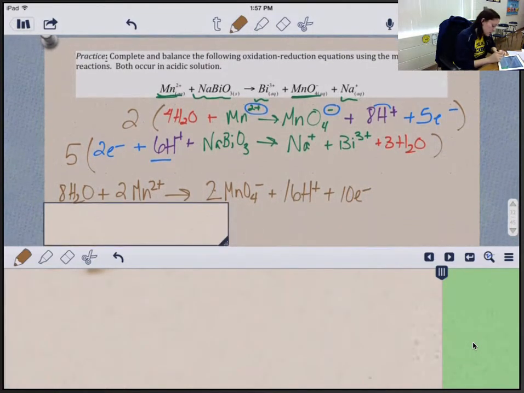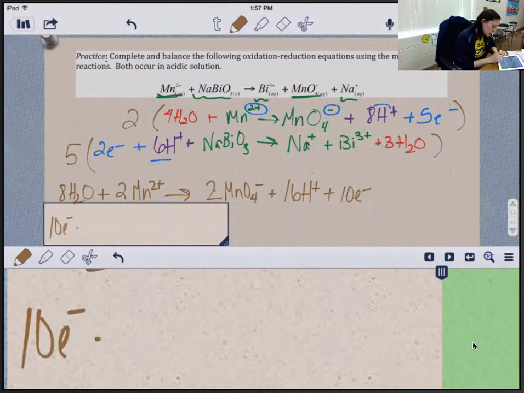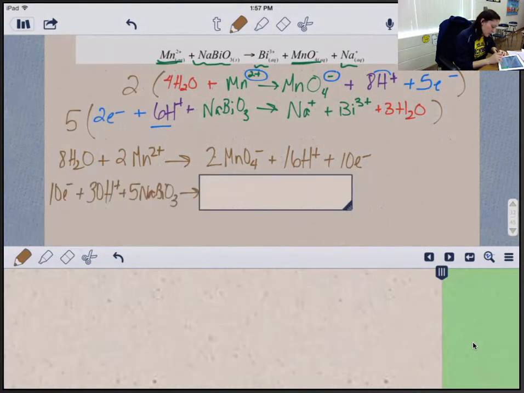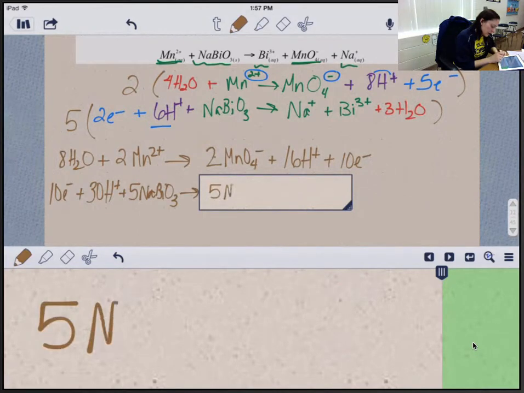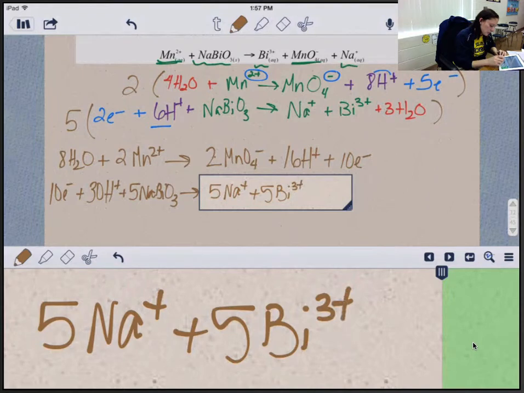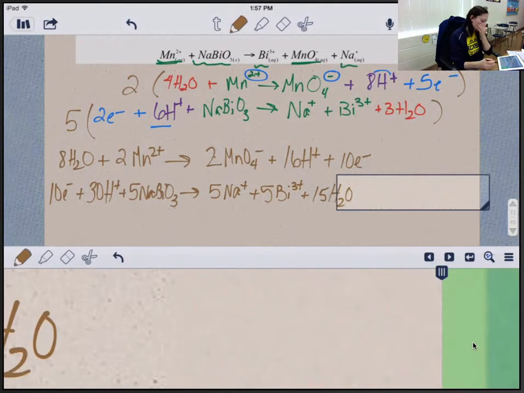Now look at the bottom one, and I'm going to have 10 electrons plus 30 hydrogens plus 5 of the NaBiO3 going to 5 of the Na+ plus 5 of the Bi3+ plus 15 waters. So now I have my 2 half reactions.